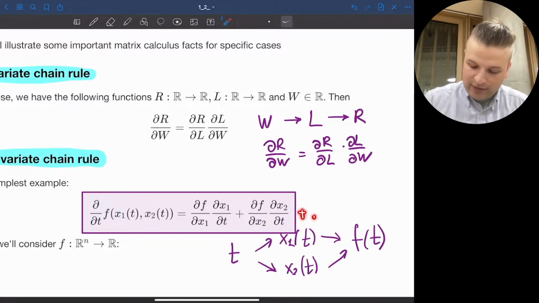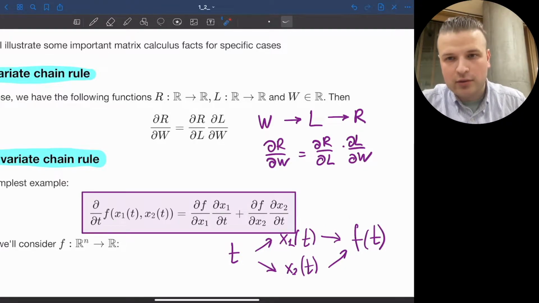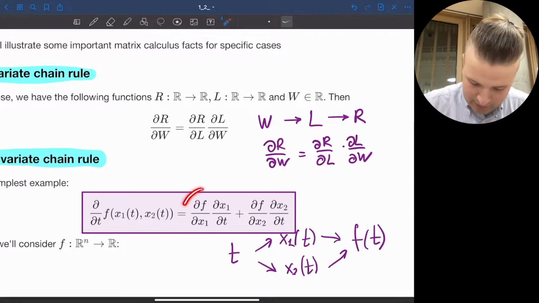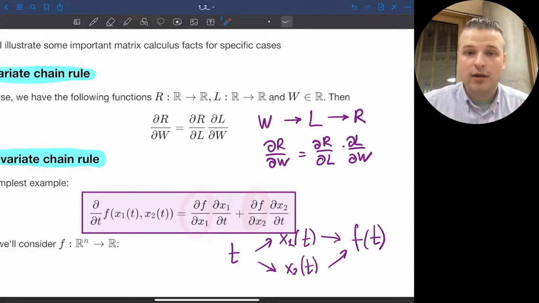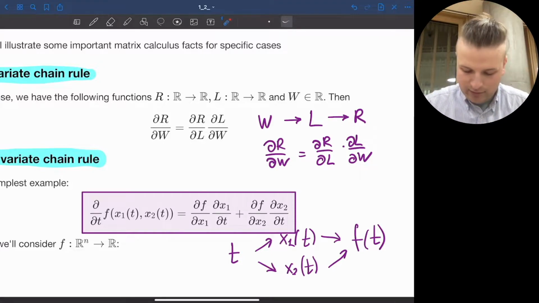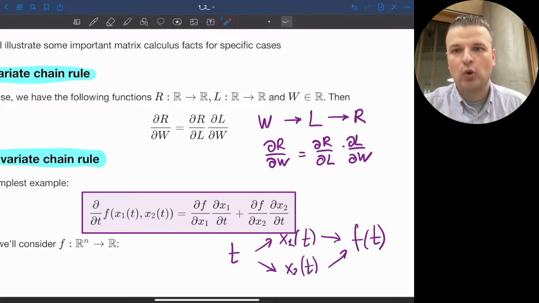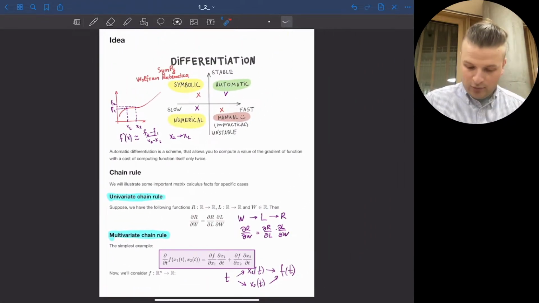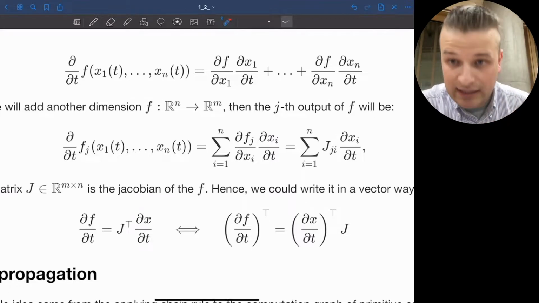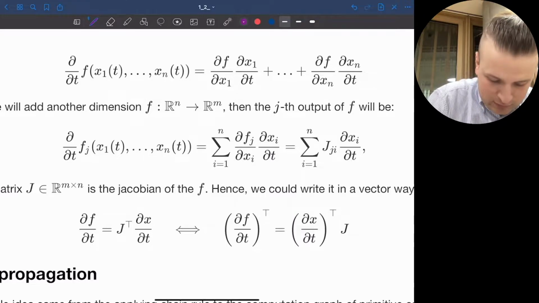You will have this summation, which is actually pretty similar to a scalar product between two vectors. The first contains the derivatives of f with respect to all x's, and the other vector contains the derivatives of x with respect to t. So that is this formula. Again, we have n inputs and a single scalar output here, and that's the formula.